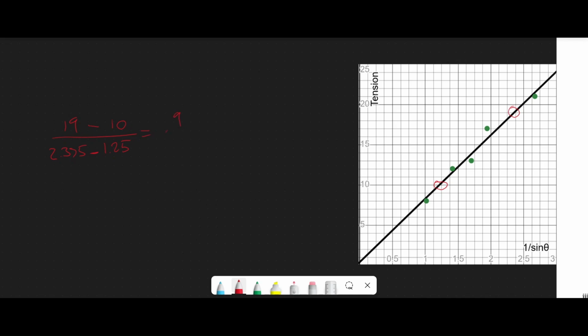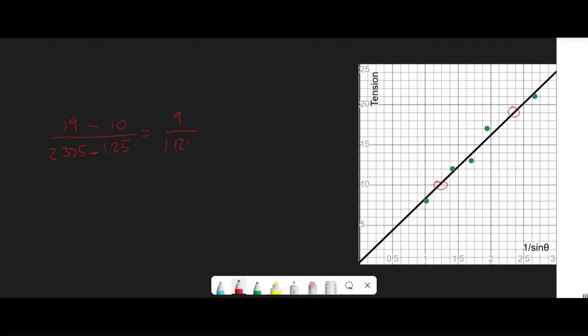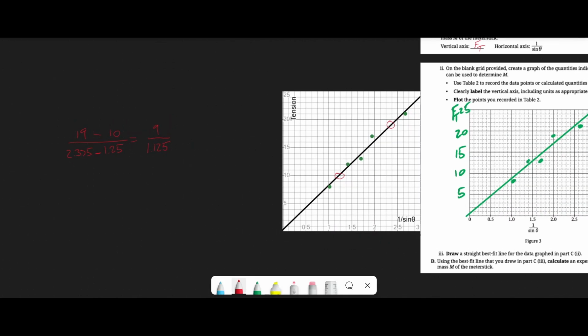I get 9 on top, and I'm showing my lack of mental math skills here. And so I get 1.125, so I get 9 over 1.125.